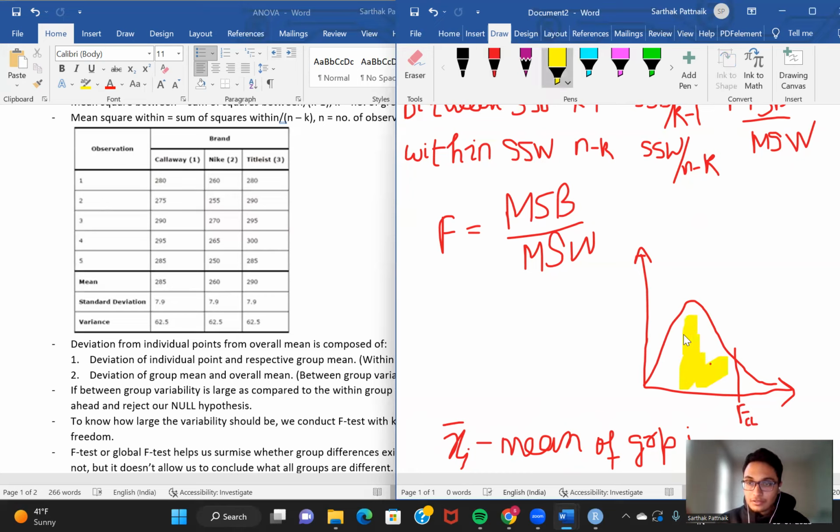To the left, this confidence level is 0.95, and we need to calculate this at k minus 1 and n minus k degrees of freedom.